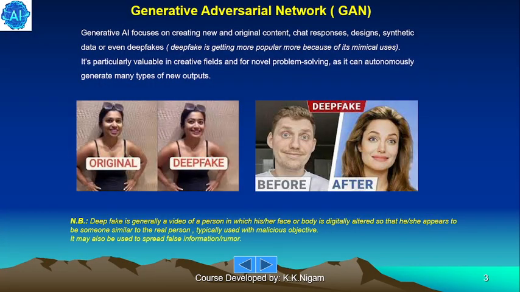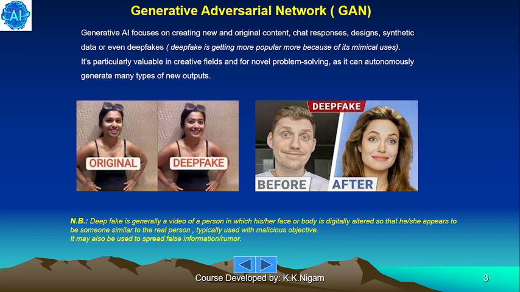Generative AI focuses on creating new and original content, chat responses, designs, synthetic data, or even deepfakes. Deepfake is getting more popular because of its mimicking uses. It's particularly valuable in creative fields and for novel problem solving, as it can autonomously generate many types of new output.